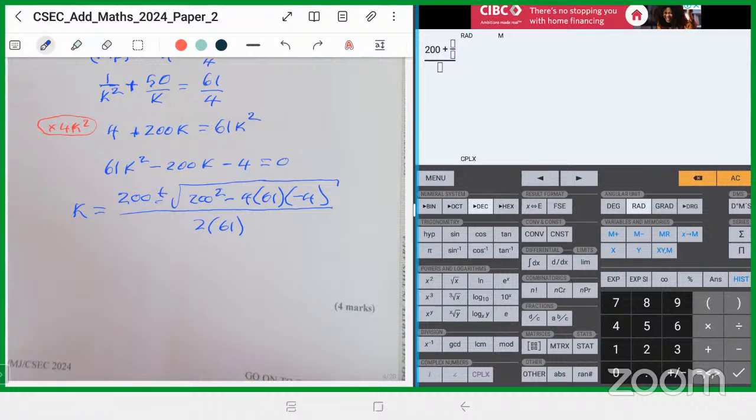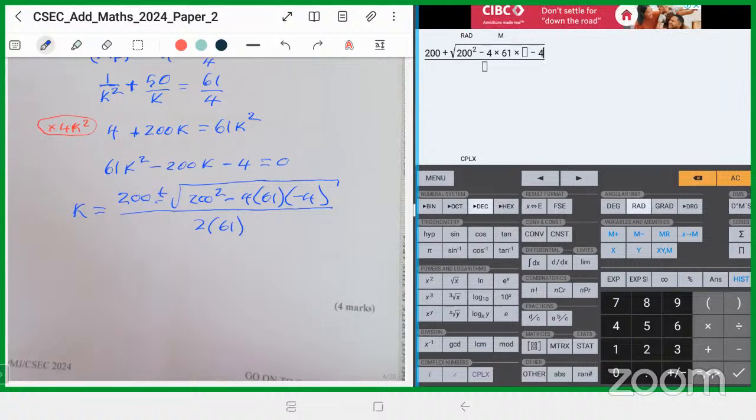Why is it not giving me that? Let's start over. 200 on a fraction, and on the 200 I'm adding the square root of 200 squared minus 4ac, 4 times 61 times negative 4.